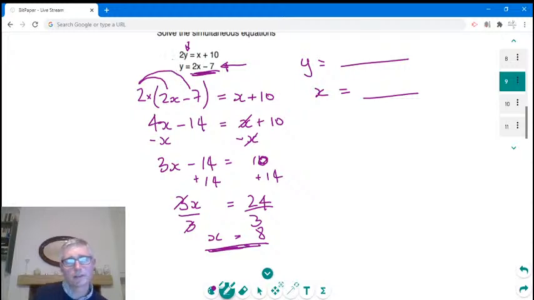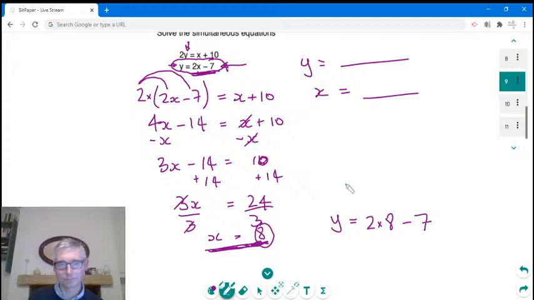Well, now we need to find the other value, so now we need to find the y. And handily, it's in the form y equals some equation of x. And because we've got x equals 8, we can then replace the x in this. So we've got y is equal to 2, and instead of the x there, I'm going to write in the value that I've just found. I'm going to say it's 2 times the 8, and then minus 7, so the 7 that's already there.